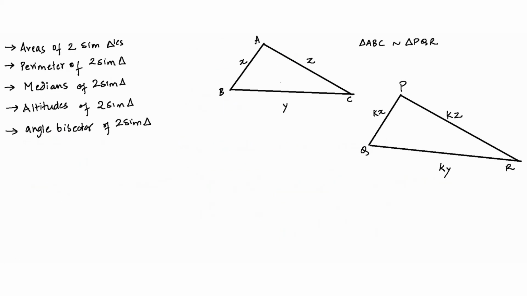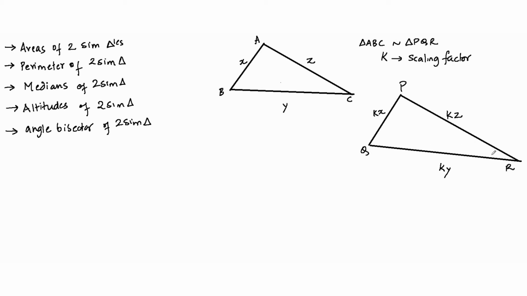So again, let us now consider two triangles as shown in the figure here. They are similar to each other. So triangle ABC is similar to triangle PQR. And the sides AB, BC and AC are marked by X, Y and Z. K is my scaling factor, which means the sides X, Y and Z have been multiplied by K to get the sides PQ, QR and PR.